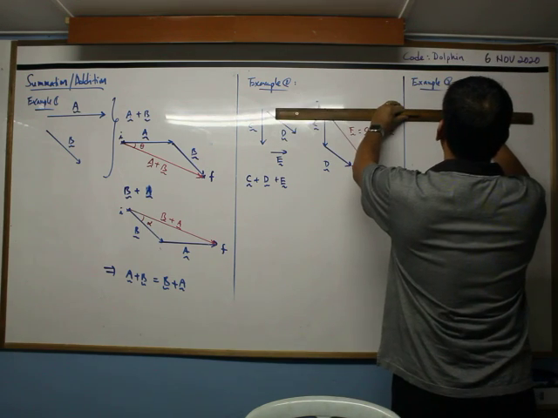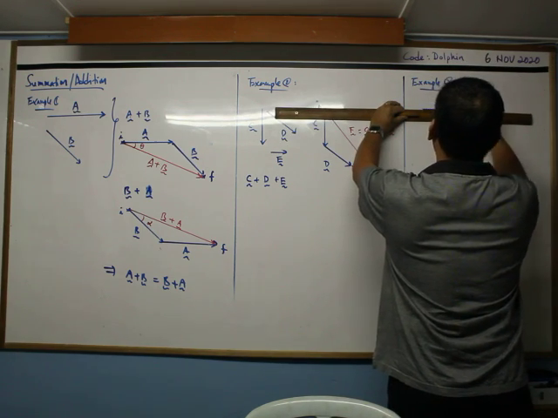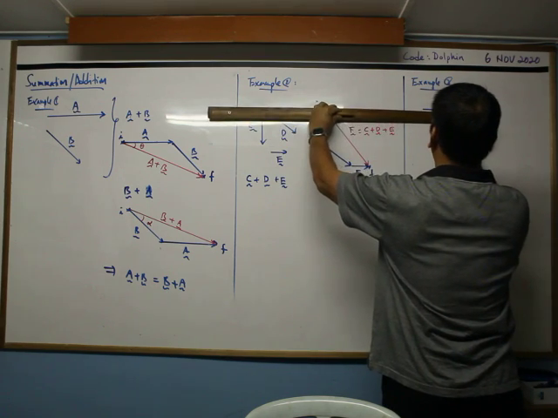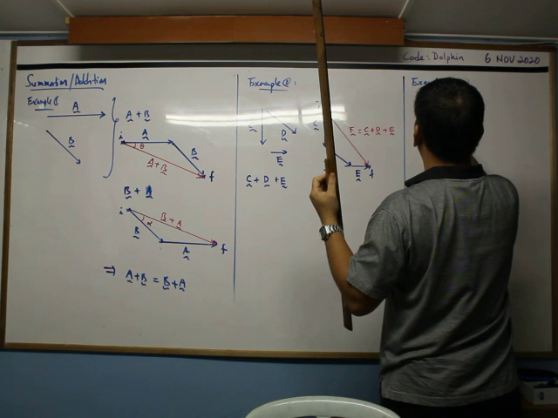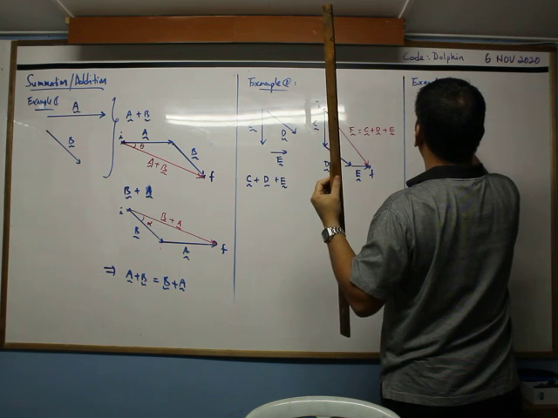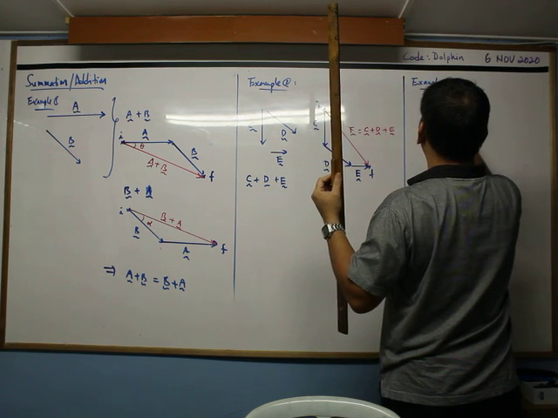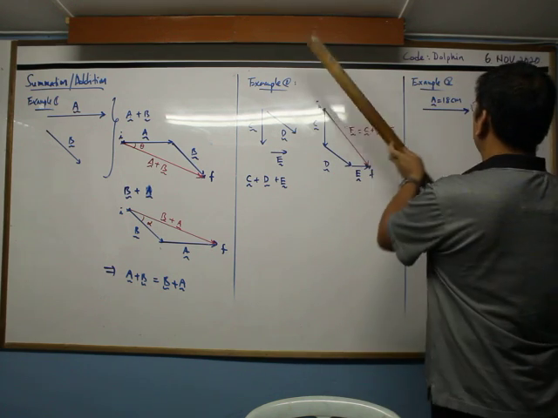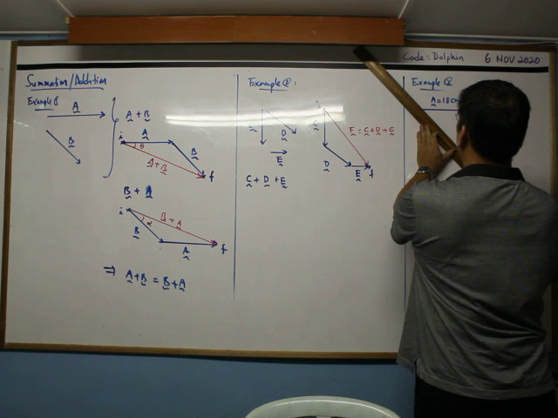You are given a vector. I call this length here 18. This is my displacement vector. Displacement A is 18 centimeters to the east. And then another vector is like that.